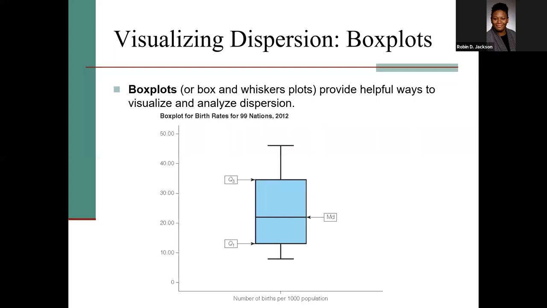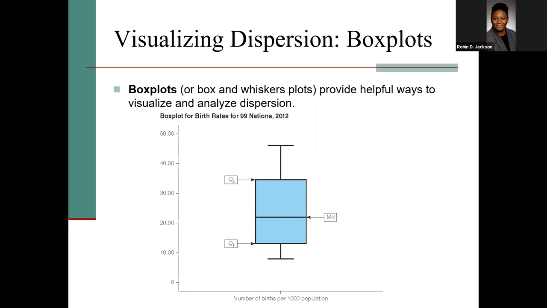Again, in this instance, it's going vertical. The left or bottom whisker extends to the smallest observation inside the lower limit. So here's the smallest observation right here. And then the right or top whisker up here extends to the largest observation within the limit, okay?